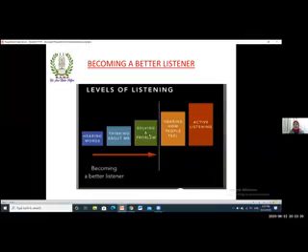The third level, solving a problem. I listen to you because I want to solve a problem. The fourth level, hearing how people feel. This is the most important level, the fourth and the fifth, how people feel.